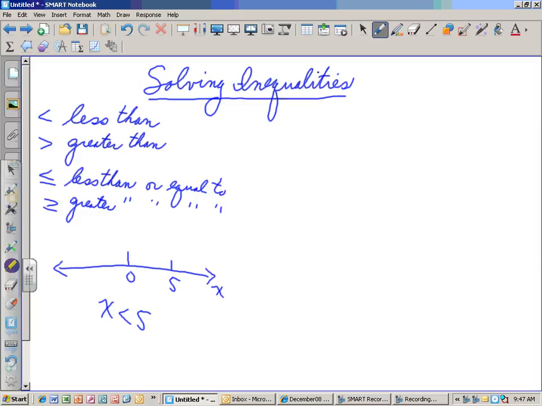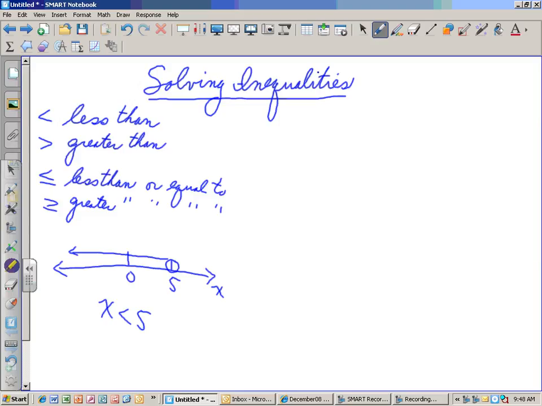It cannot equal 5, it's just less than 5, so I'm going to put an open circle there. And I'm going to put a line with an arrow. This signifies that I want all values of x that are less than 5. So that means that you don't know what number it is, right, it could be any of those numbers. Infinite number. All those numbers less than 5.